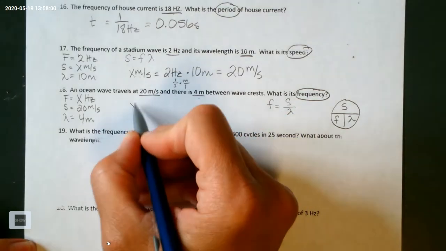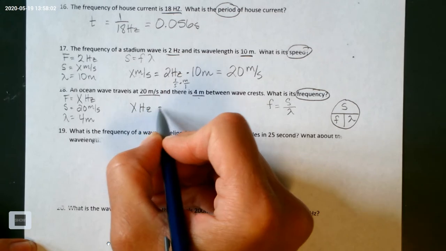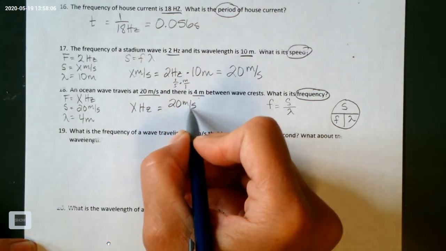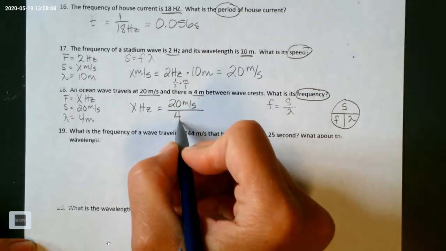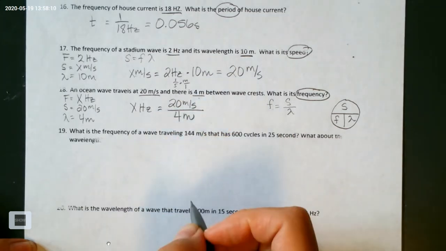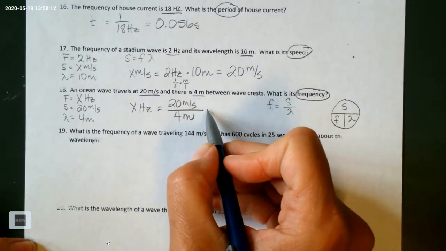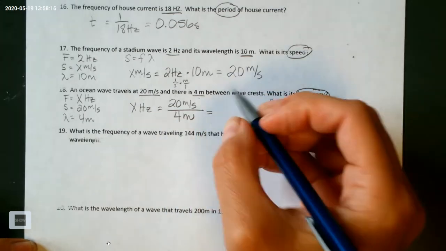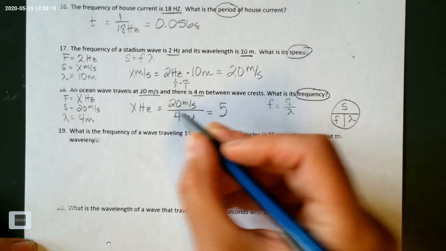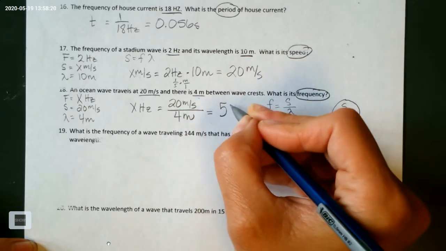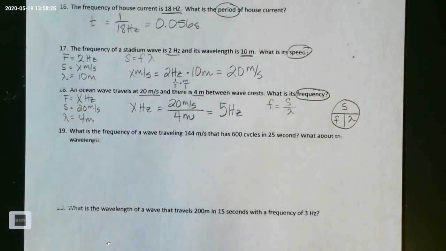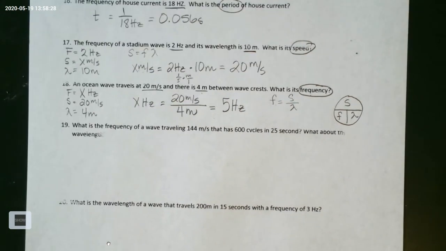So x hertz, our frequency, equals our speed on top, 20 meters per second, divided by 4 meters. And 20 divided by 4 is going to be 5, and since it's frequency, we're going to have hertz. Okay, 5 hertz.